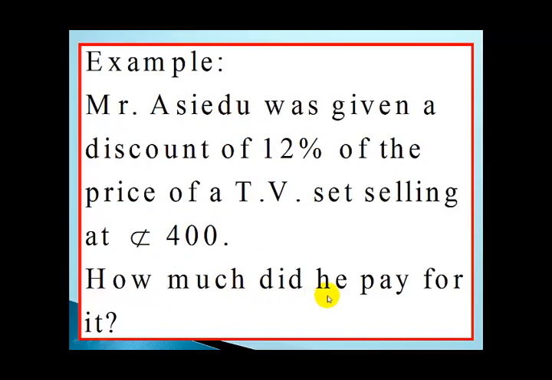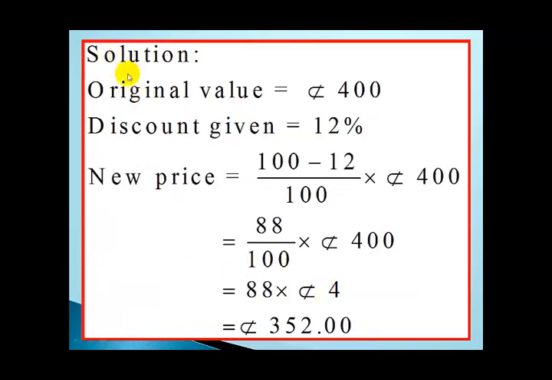Now let's look at how best to solve this problem. The original value is 400 cedis, and the discount that has been given to Mr. Asiedu is 12%. So if you want to find the new price, it is 100 minus 12 divided by 100 times the original value, that is 400 cedis. Now 100 minus 12 equals 88.